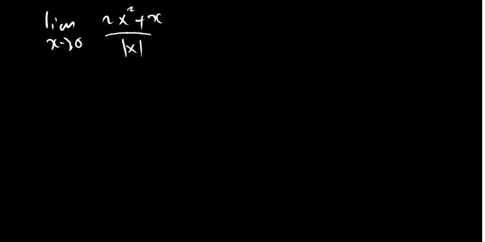So let me just teach you one method. What is going to happen there, if we want, we can write two things. We're going to have the limit as x approaches 0 from the left side. Now, from the left side, then I have got 2x squared plus x.